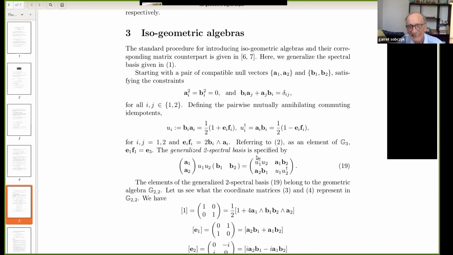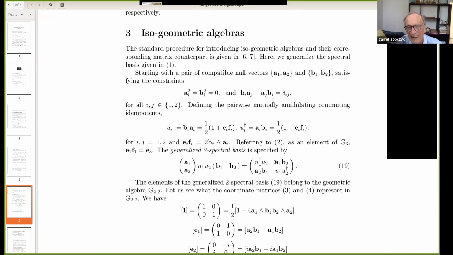Again, this is like the other spectral basis that I showed you on the first slide, except now it involves a product of these nilpotents, U1 transpose times U2. And notice that A1 and B2 are anti-commuting nilpotents.